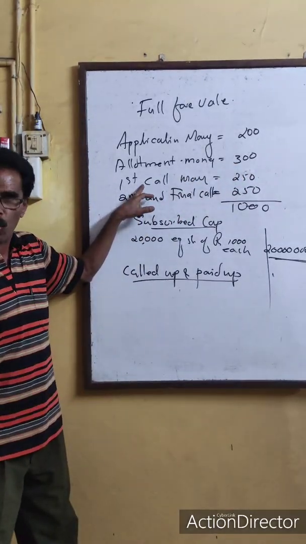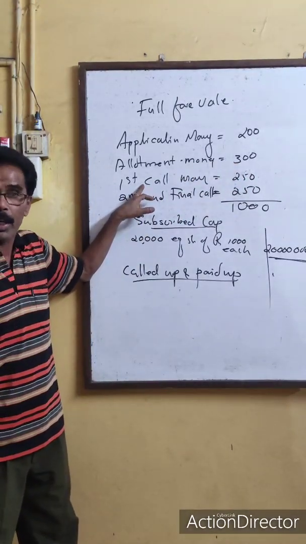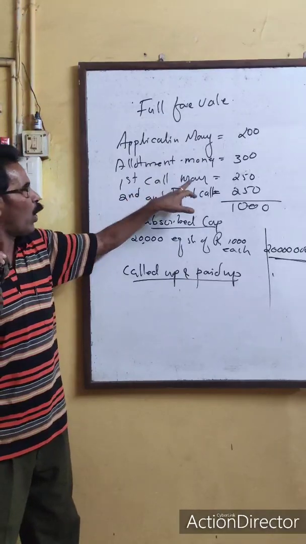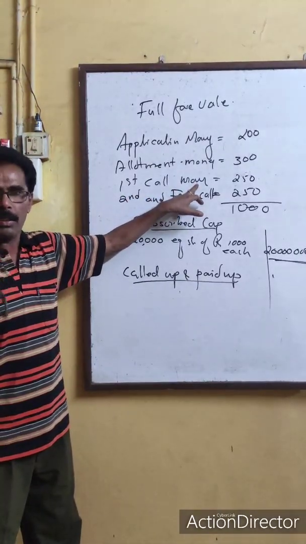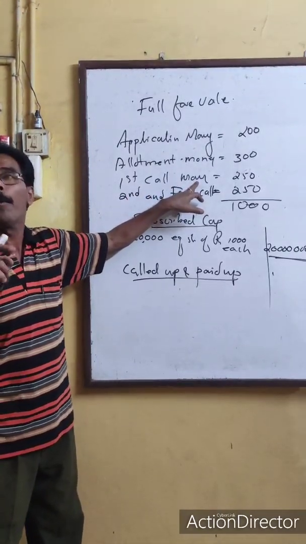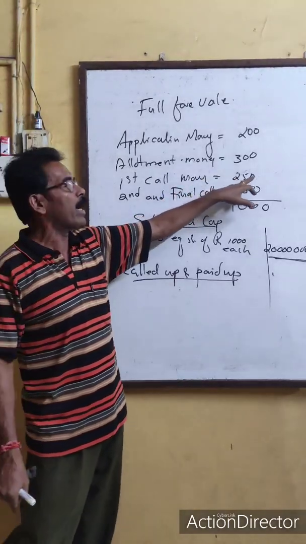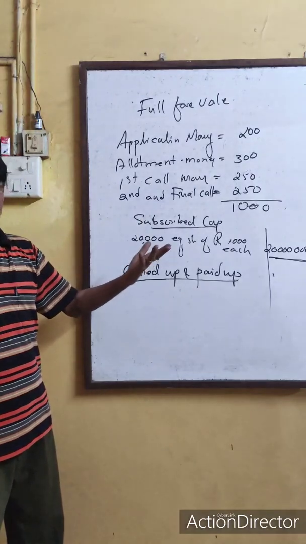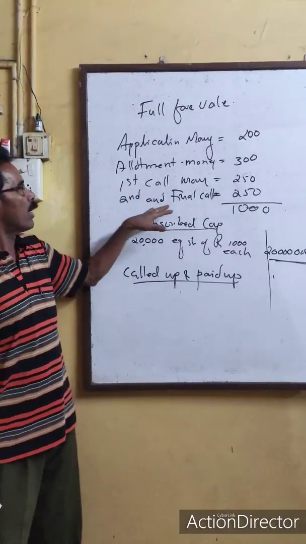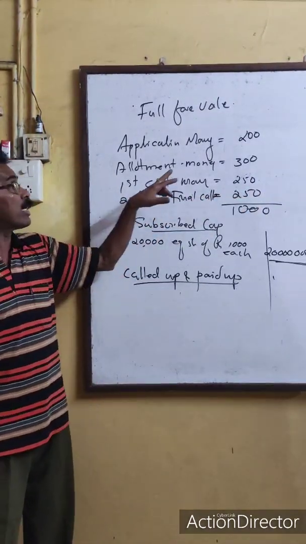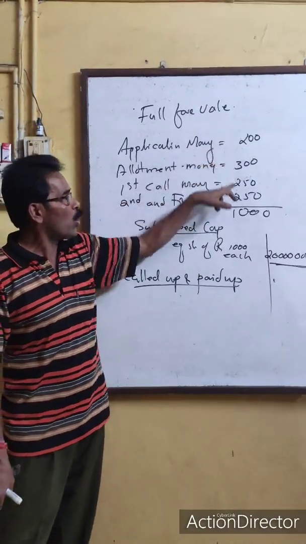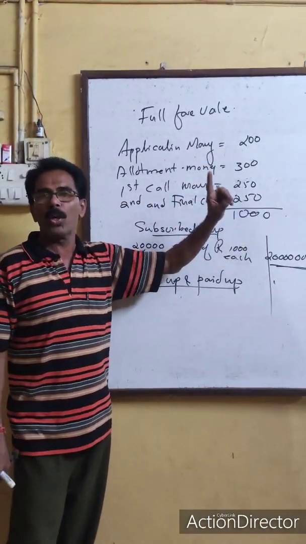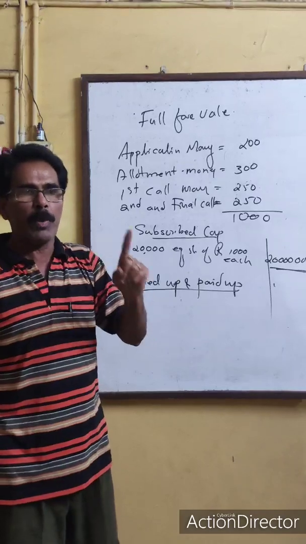And as and when the first call is made, technically you have to understand, that is demanded. As and when the company is in need of money, they will ask the shareholders to pay 250 per share as first call money. And when it is required, they will collect the 250 rupees as second and final. It is final because the total became 1,000. So the 1,000 per share is paid by the people.